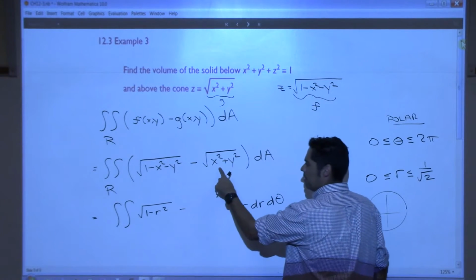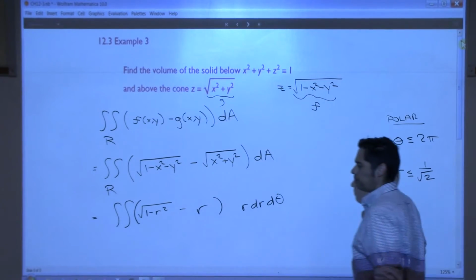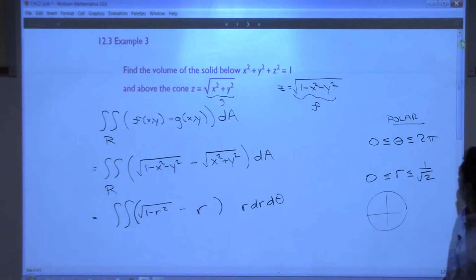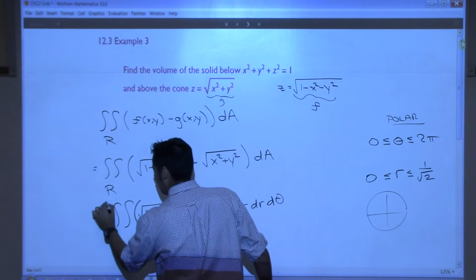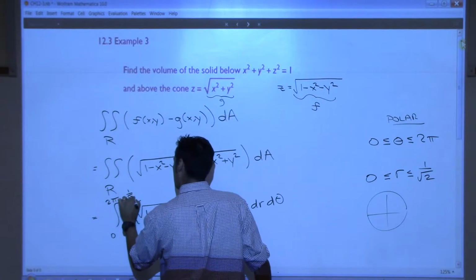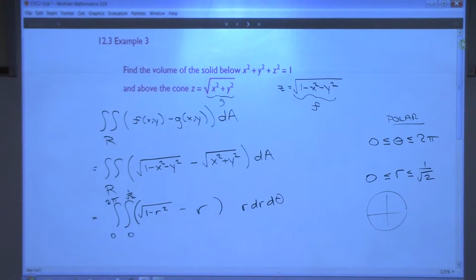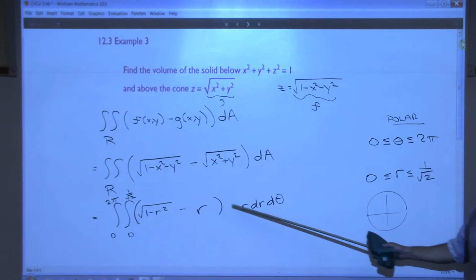Minus, and this is just going to be r. Limits of integration, theta on the outside, 0 to 2 pi, and r from 0 to 1 over root 2 here. I would probably distribute the r through now.